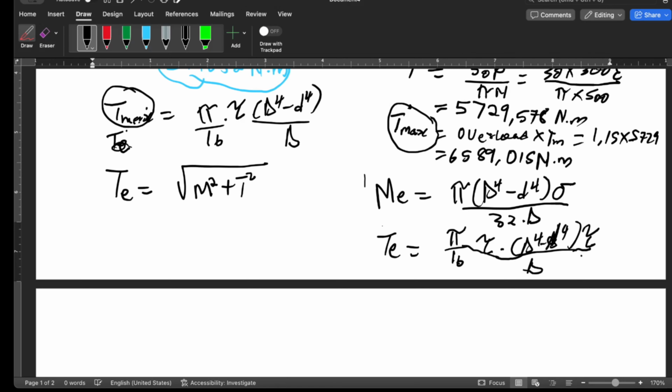So as you can check, we have equivalent bending moment, and we also have equivalent torque. How do you find equivalent bending moment? It will be 1 over 2 into this one plus TE. Meaning where there's TE, you can just substitute this one.